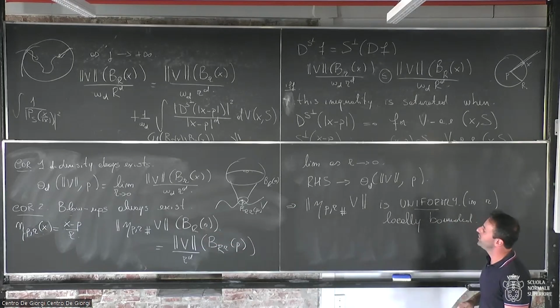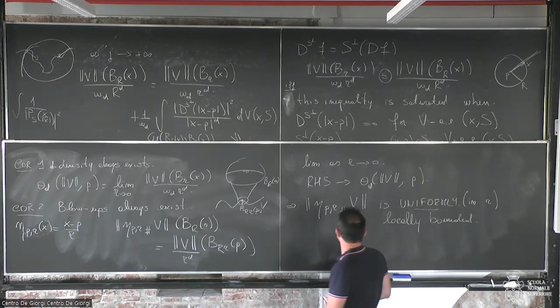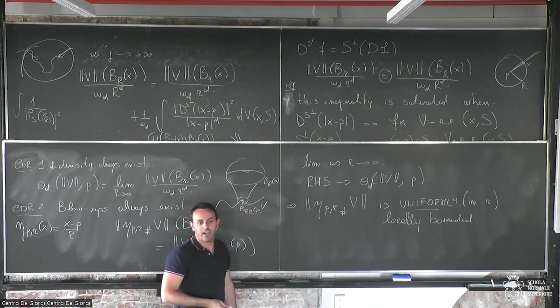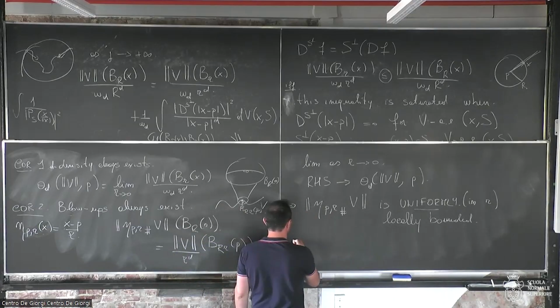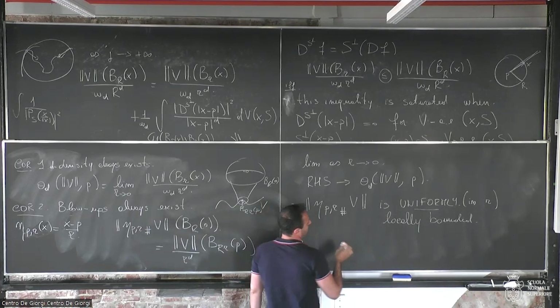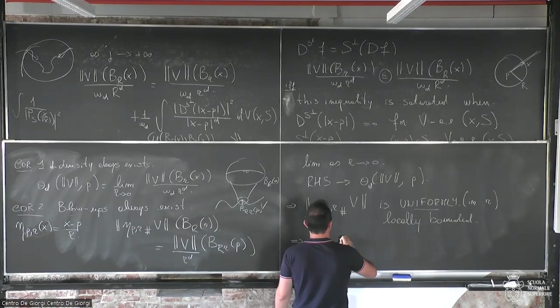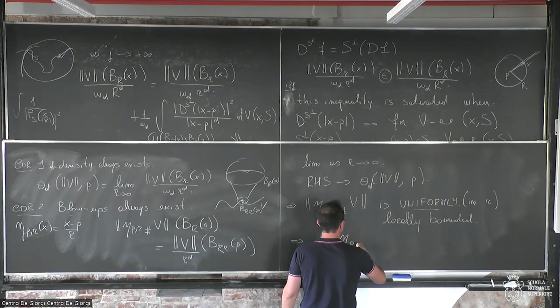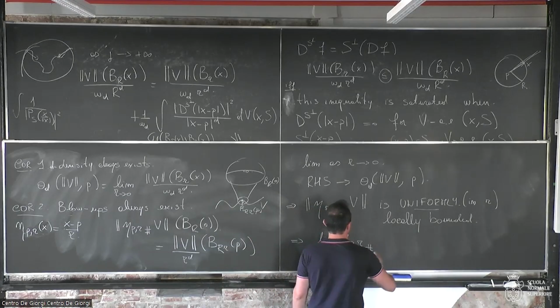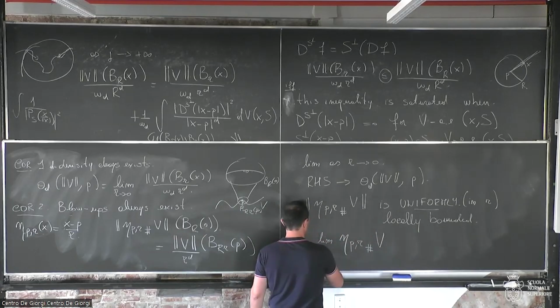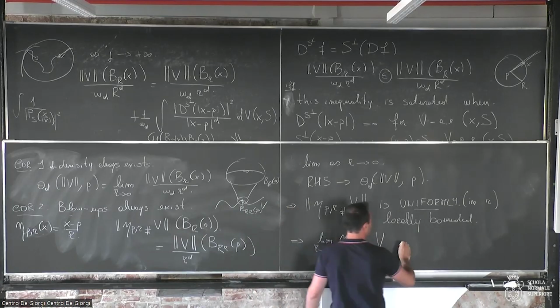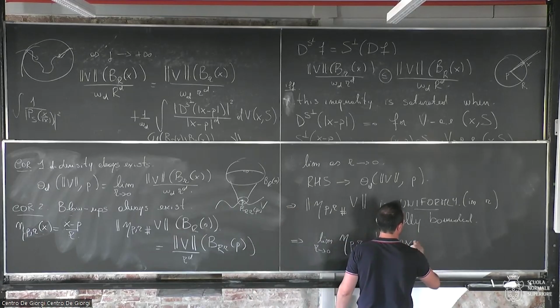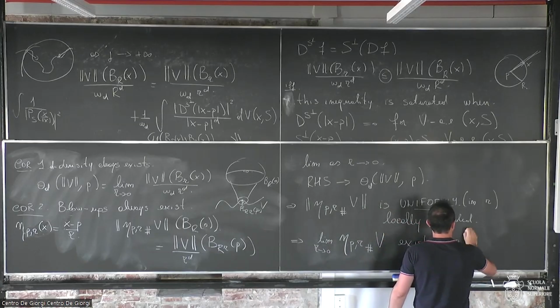So since I'm uniformly locally bounded, I can apply just Banach-Alaoglu, and so I deduce that the limit of eta P R push forward B as R goes to 0 exists, sequentially, up to some sequence.